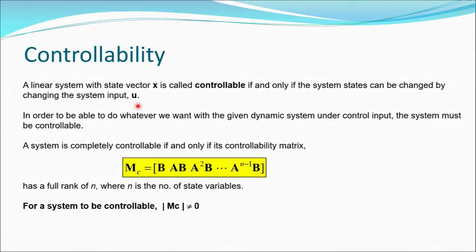Controllability of a control system is important to ensure the control engineers are able to design a control system for a given dynamic system to meet their objective. So the question is how to determine the controllability of the system.